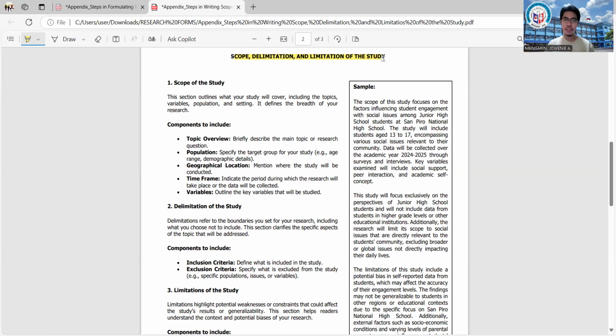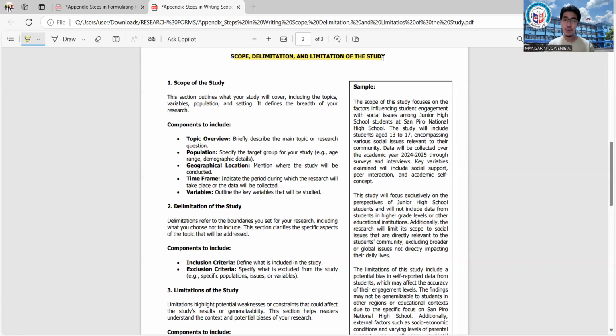Kasi minsan, hindi natin maiiwasan na yung mga panelists natin is magbibigay sa atin ng mga questions na hindi naman cover na ng ating pag-aaral or hindi na naging part ng ating pag-aaral. And we are also aware na may mga pagkakataon din na since hindi naman siya part na ng ating study is hindi tayo knowledgeable sa mga ganung type of questions ng ating mga panelists. And that's why scope, delimitation, and limitation of the study is very important in our research paper.